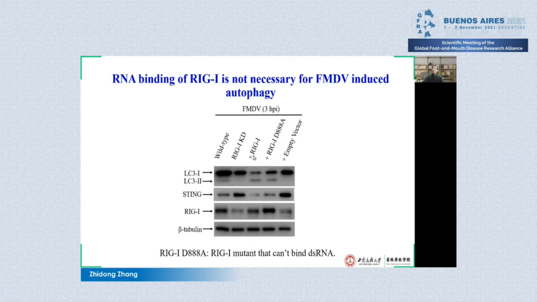When you put RIG-I back and overexpress it, autophagy can occur. But when you use RIG-I mutants which cannot bind to viral double-stranded RNA, you still see autophagy occur. This means viral RNA binding to RIG-I is not necessary for FMD-induced autophagy.